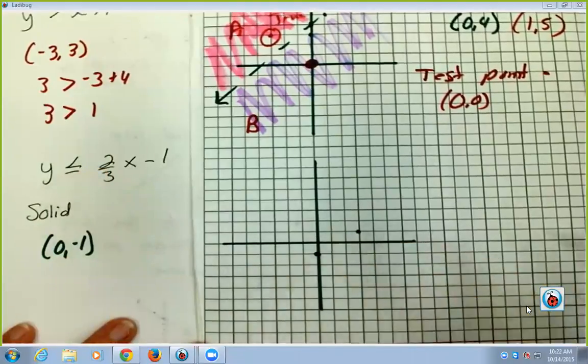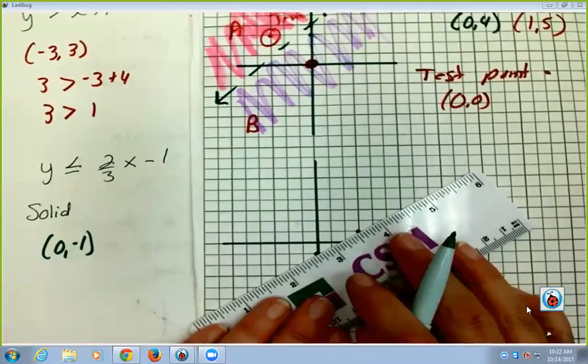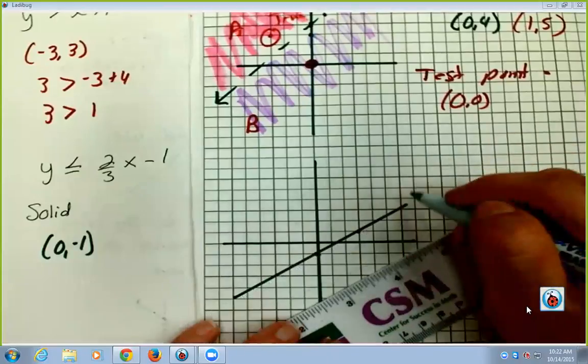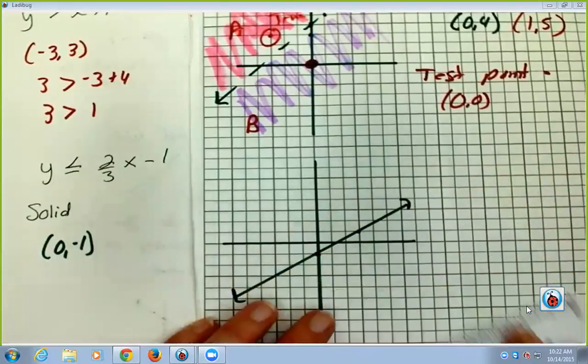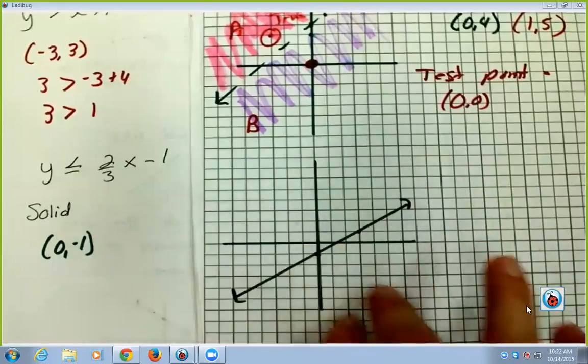Hopefully you guys are all good at that, right? Are we all good at that? Up 2 and over 3. We said it was solid, so I have to draw a solid line. And because it's solid, we know that that's going to break our graph into 2 pieces.